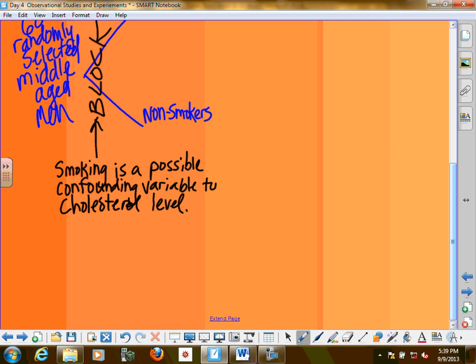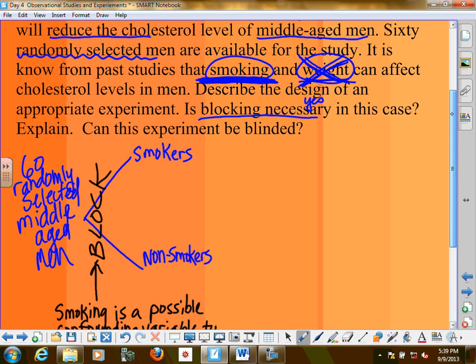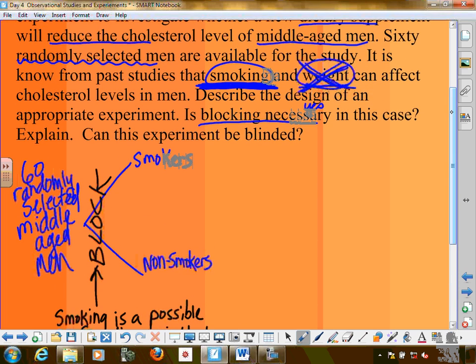Okay, so I am going to block to control its effects. Okay, so therefore in my blocks, if there is an improvement, it is just then because of the dietary supplement.